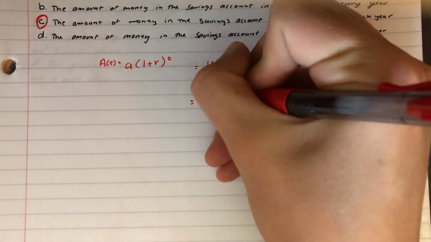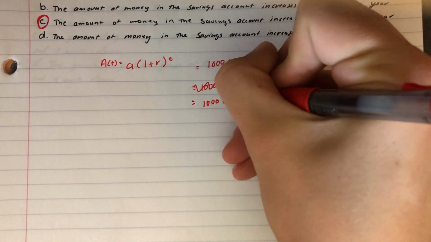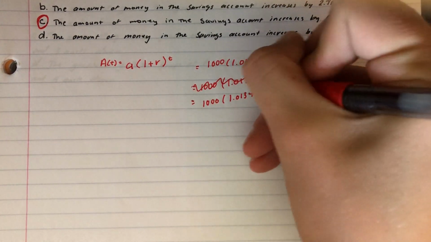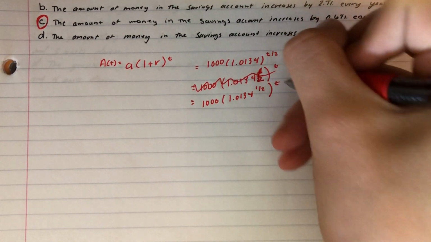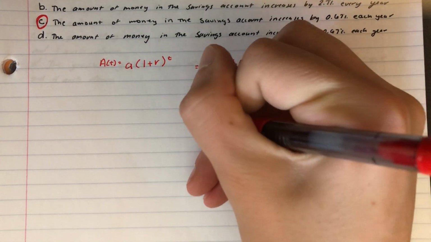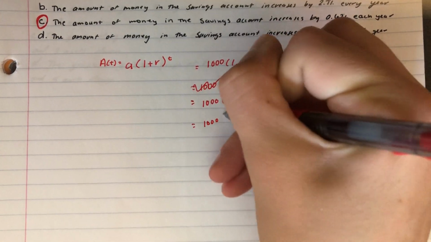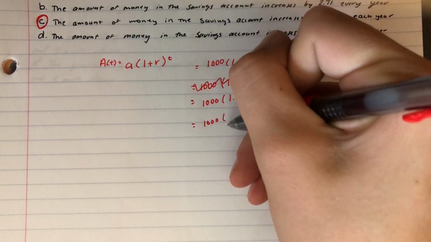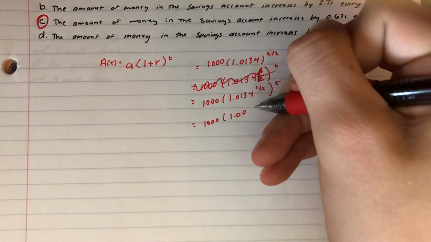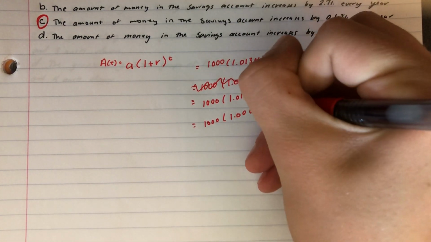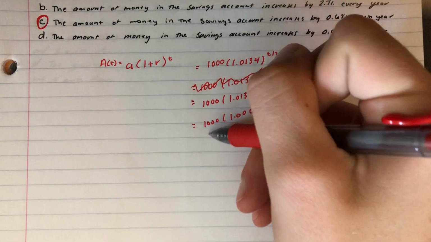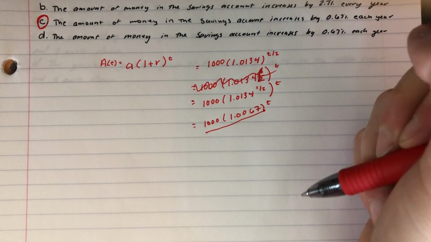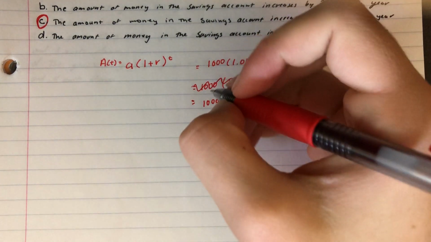So that's 1,000 to the 1/2, or the square root to the t. As you continue on, that 1,000 is going to be multiplied by 1.0067 to the t. And that right there is the formula for the compound interest over these next few years.